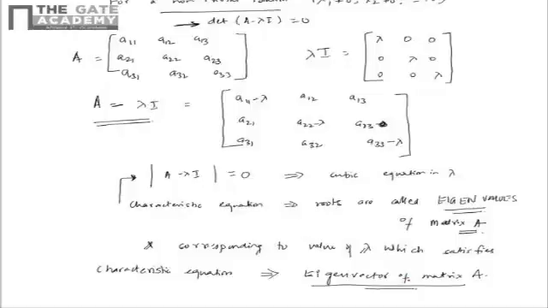So one important thing is that if A happens to be a square matrix, then for every value of lambda, that is for every eigenvalue, when you solve for x, it gives the eigenvector.